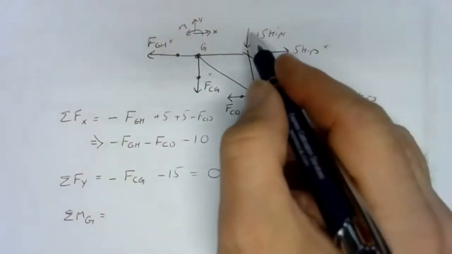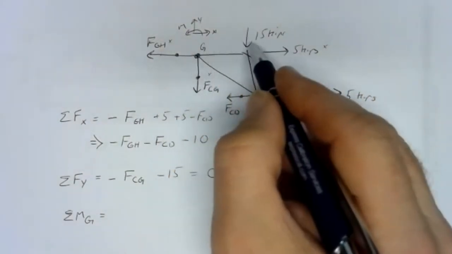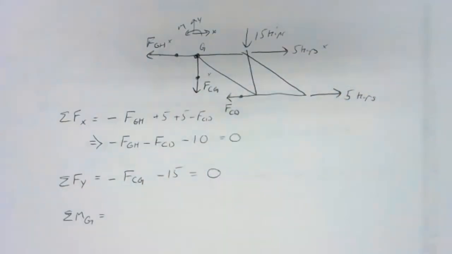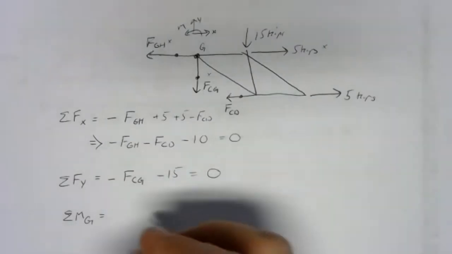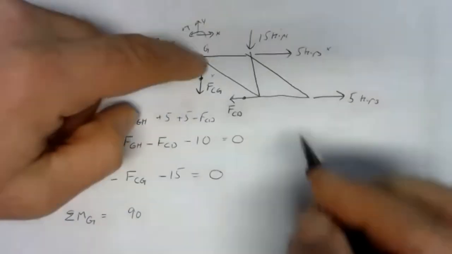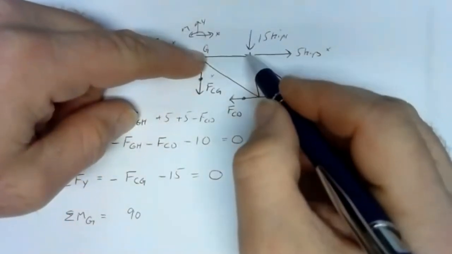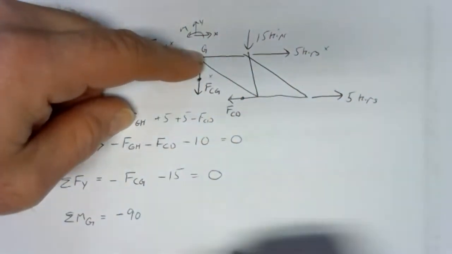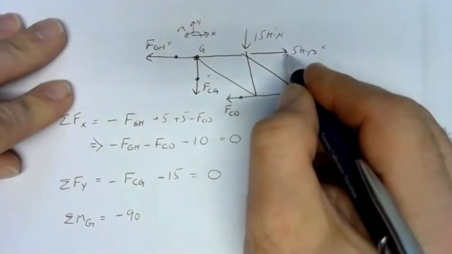we've got this 15 kip force 1 bay away, so that's 6 times 15, which is 90. If we're pinned at G and pushed down, we get a clockwise moment, and clockwise moments are negative. The upper 5 kip force doesn't contribute anything.